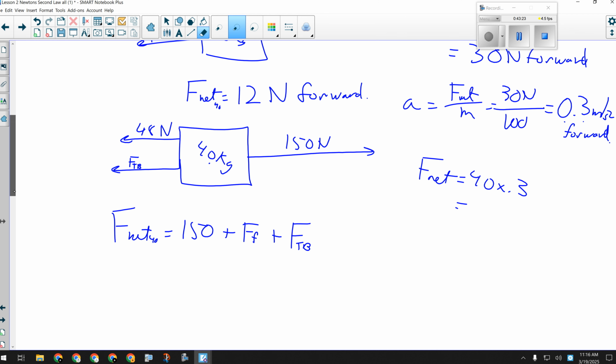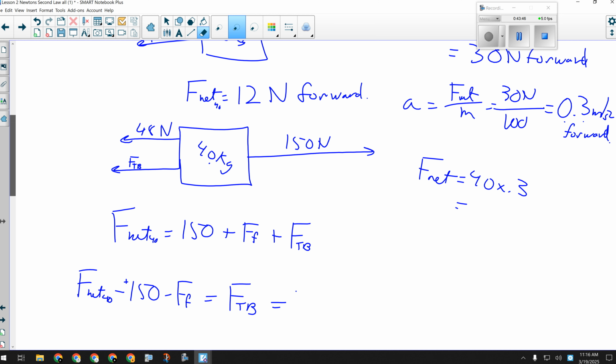So I'm going to isolate the one I don't have. I'm going to subtract and subtract. So what I'm going to have is F net on the 40 kilogram block minus 150, which is a positive number, minus the force of friction, which is going to be a negative number, equals the tension in the second rope.